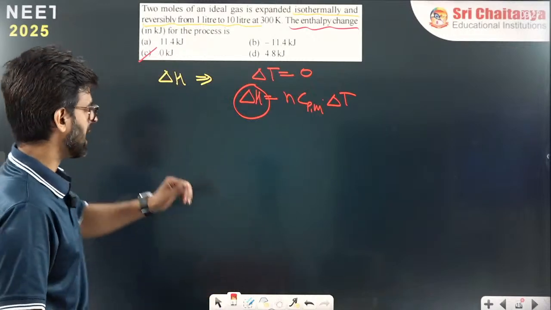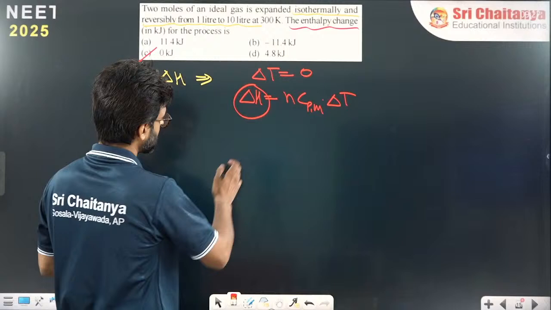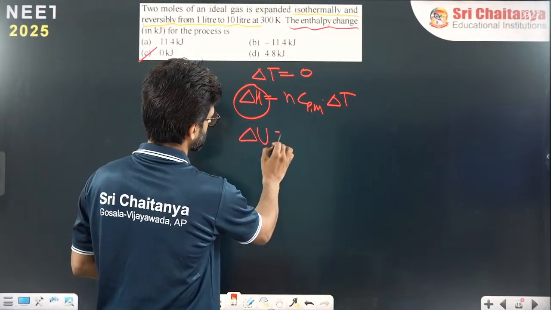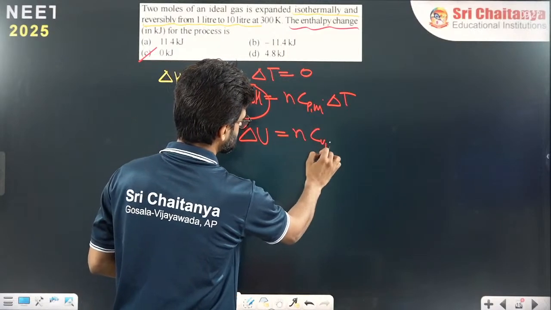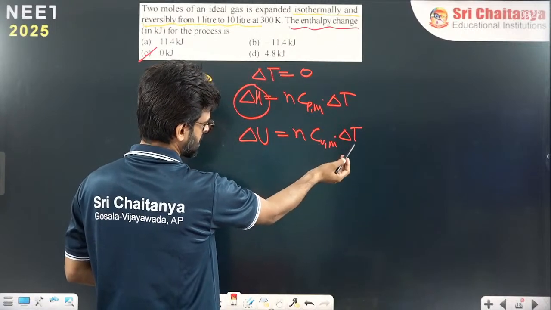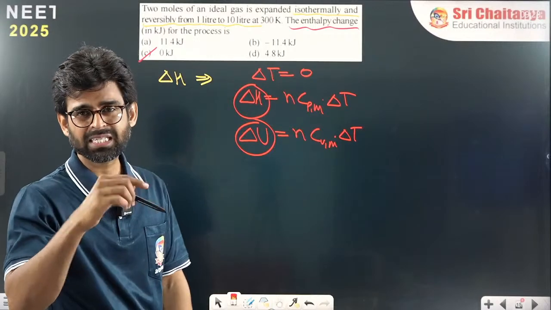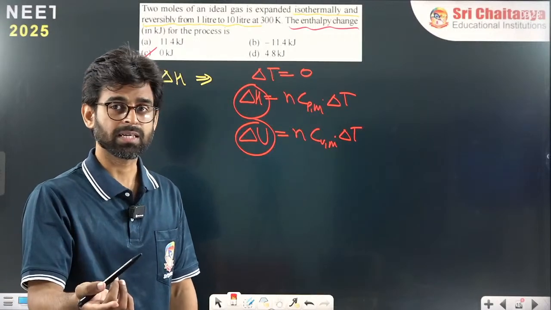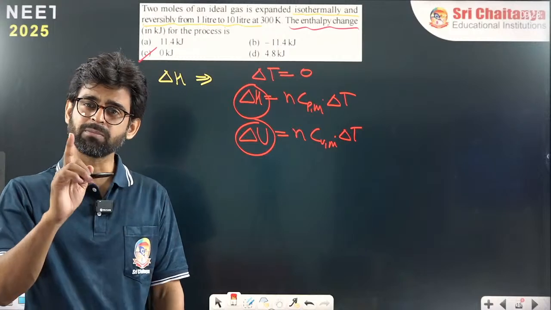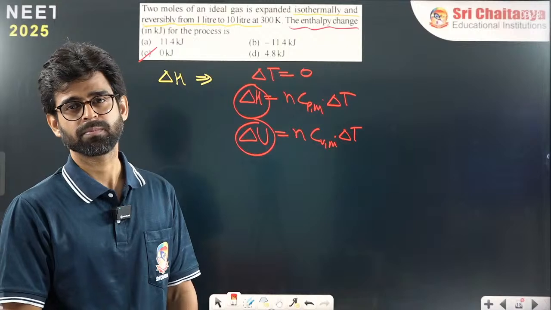So here it is an isothermal process, so delta T is 0, so delta H is also 0. Similarly, if by chance they ask delta U, it is nCv delta T. So this also, if it is isothermal, delta U is also 0, right? But if a reaction is happening or a phase change is happening, in that case, even if temperature is constant, delta H and delta U will be non-zero, right?